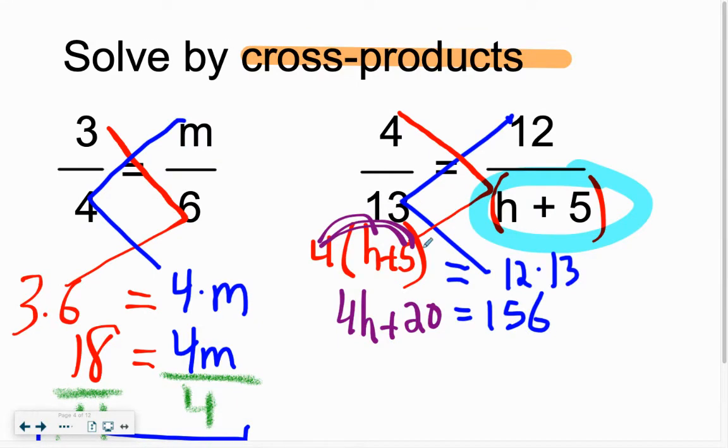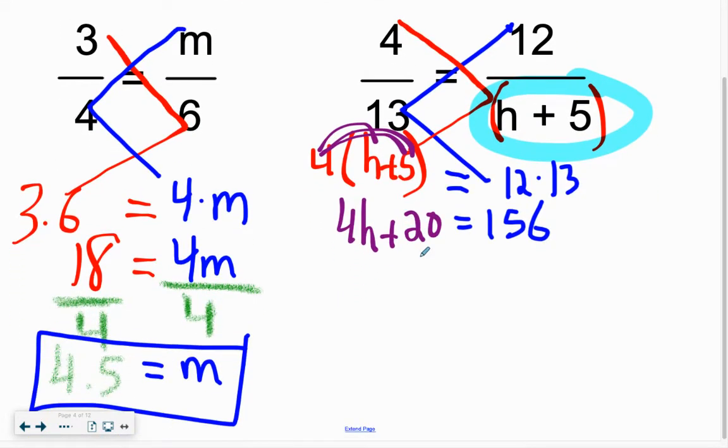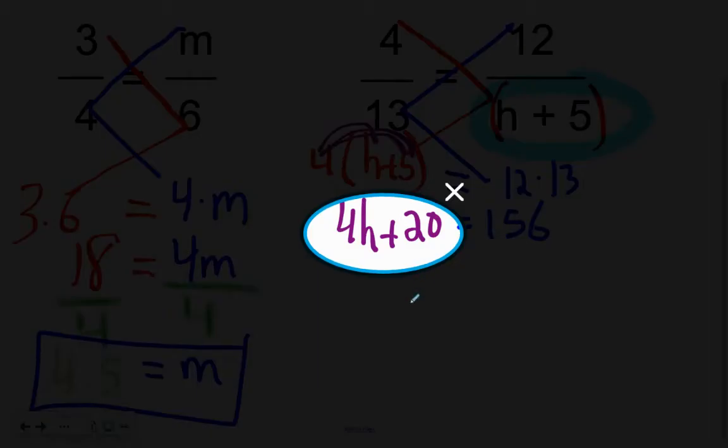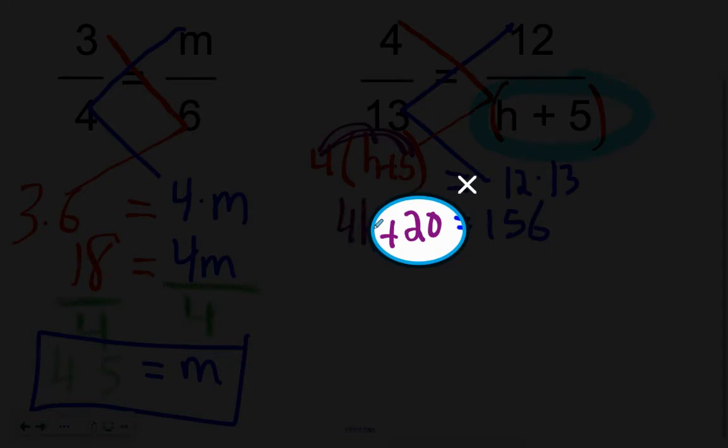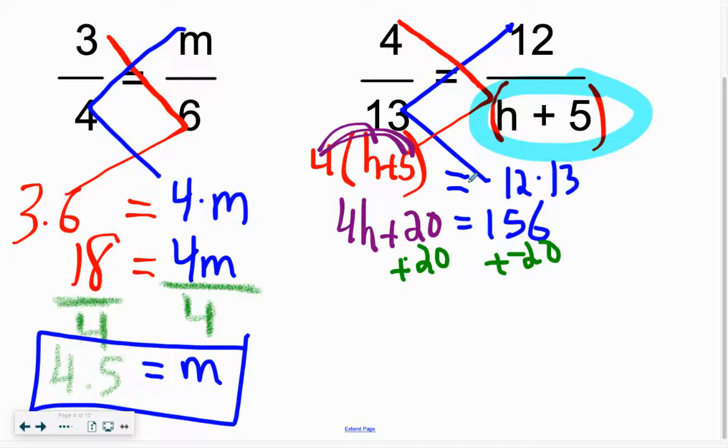And here's kind of a review from last chapter and the chapter before. Solve this equation. Find the variable. Is it on our beloved left side? Oh, good, it is. Cover up the 4h. Is there something else on that same side? There is. How are we going to get rid of adding a positive 20? Please add a negative 20, or yes, subtract 20 from both sides.